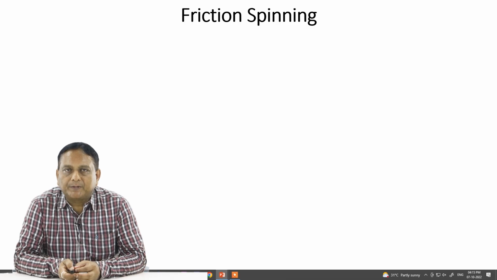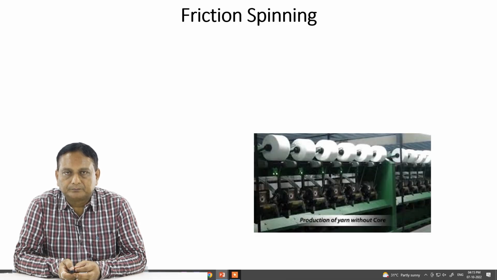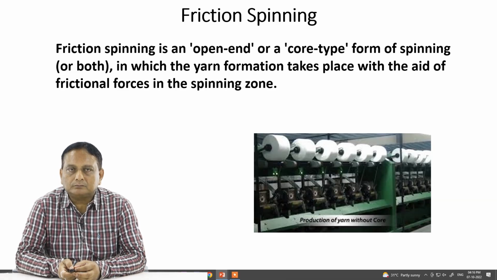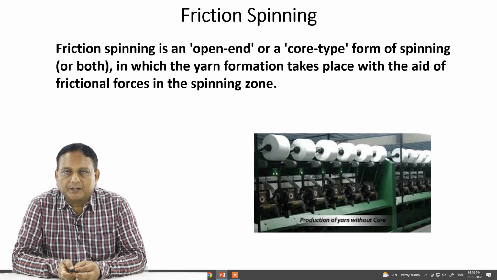Let us go into another spinning system, that is called friction spinning. What do you mean by friction spinning and why is it useful? This is also a machine used here, the friction spinning machine, and it is an open end or core type form of spinning or both combined together, wherein the yarn formation takes place with the aid of frictional forces in the spinning zone.